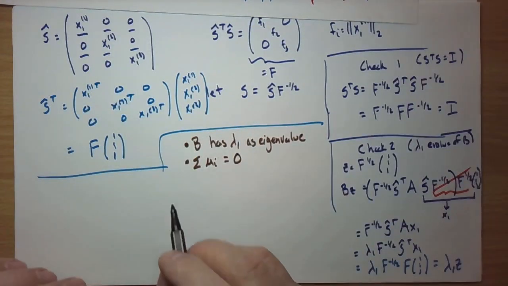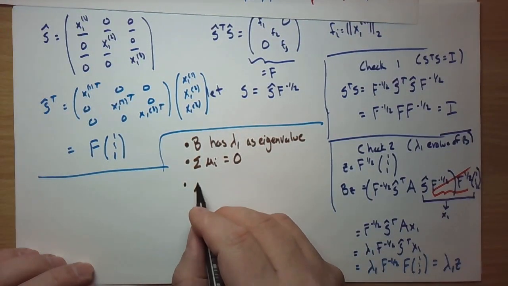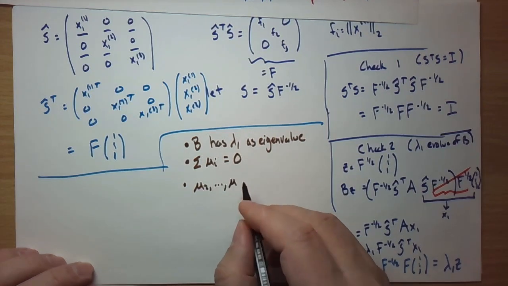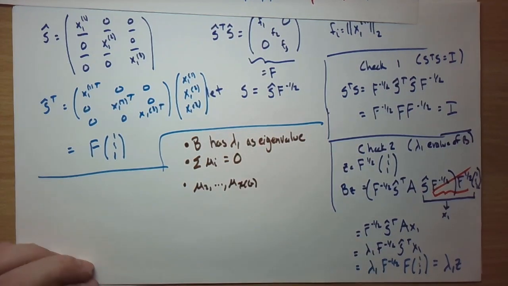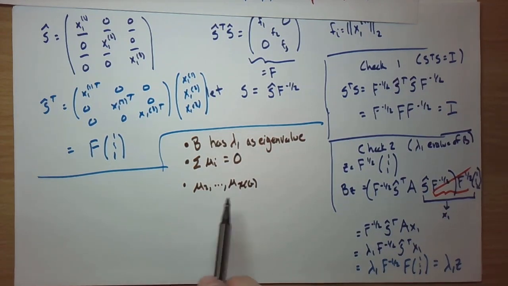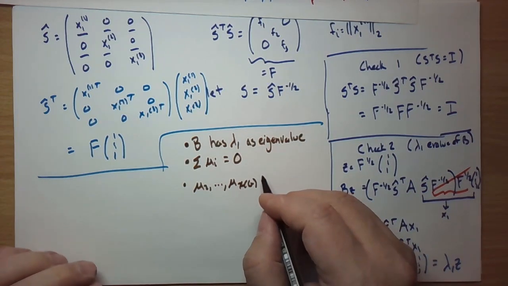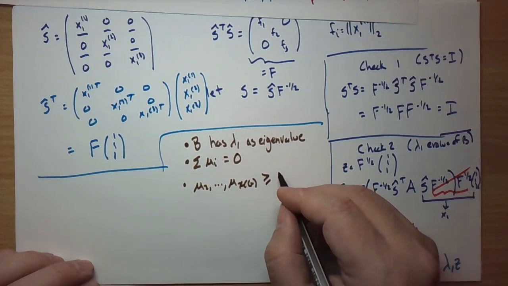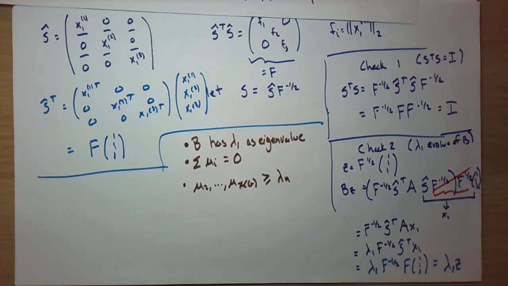Now, what's true about mu 2 all the way up to mu chi of G? These are all eigenvalues of B, and eigenvalues of B interlace eigenvalues of A. So these all have to be greater than or equal to the smallest eigenvalue of A, which is lambda n.